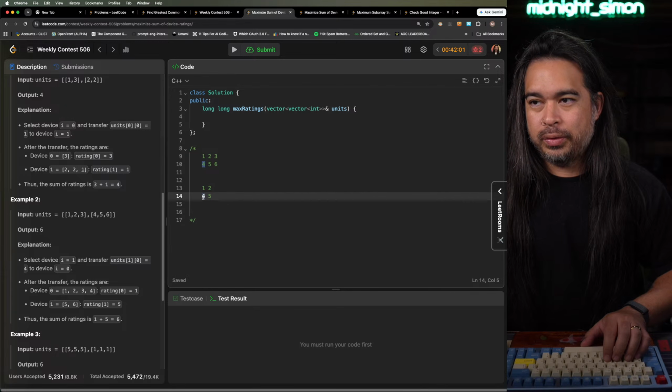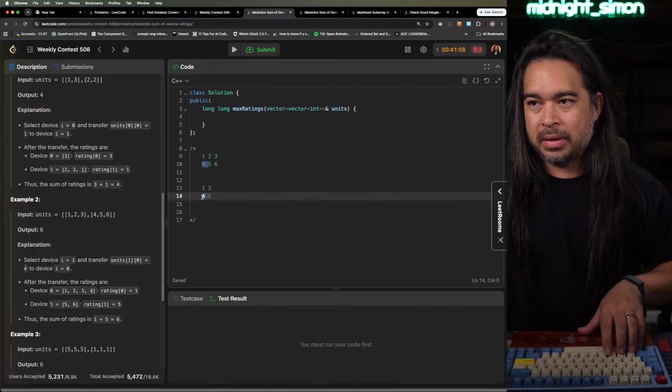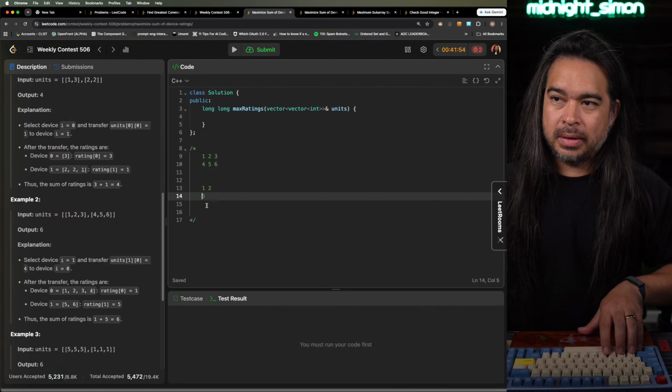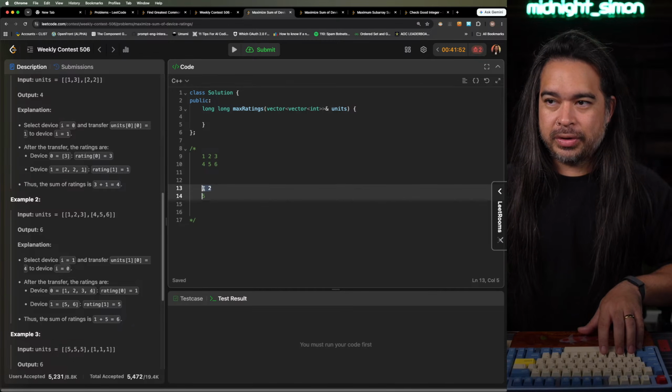If we remove the 4, then we get the 5. And if we put the 4 somewhere, it doesn't matter where we put that 4, because now it's just 1 plus 5.